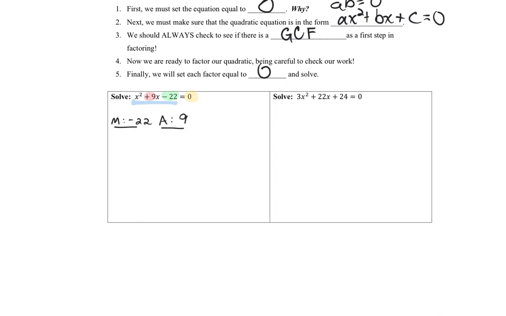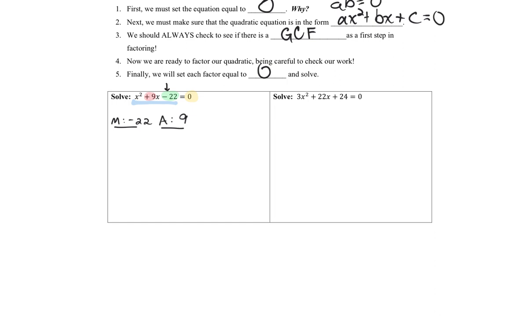So two numbers that multiply to give me negative 22 and add to give me 9, well, one thing that I know is if this last term is negative, then my two numbers that multiplied have to be opposite in sign. One's positive and one is negative, right? That's the only way to get a negative through multiplication.